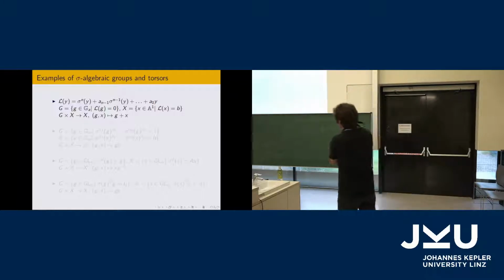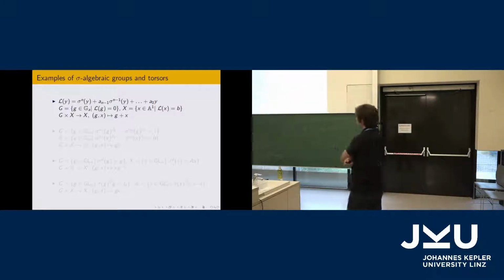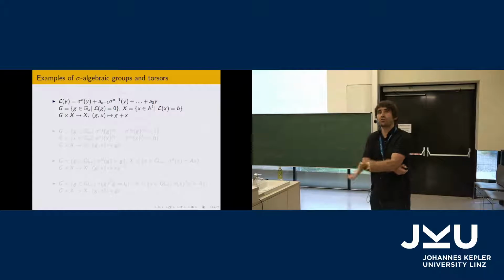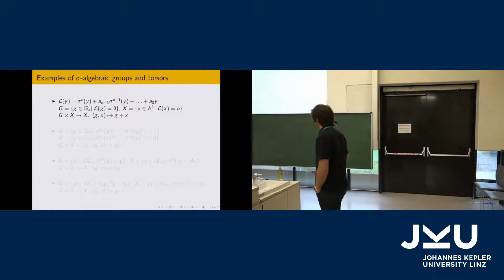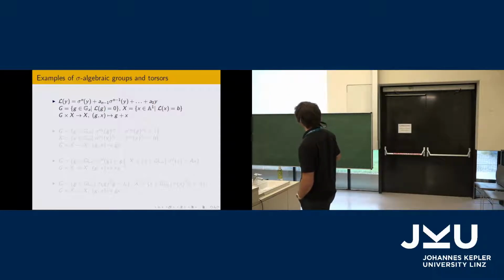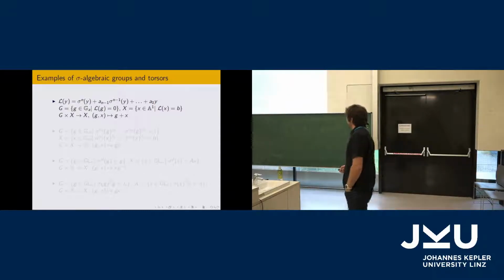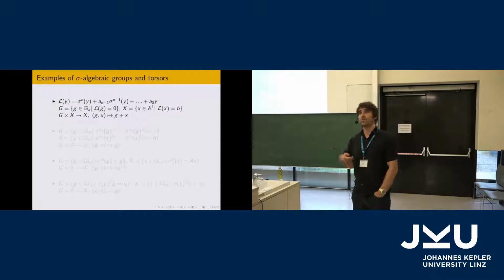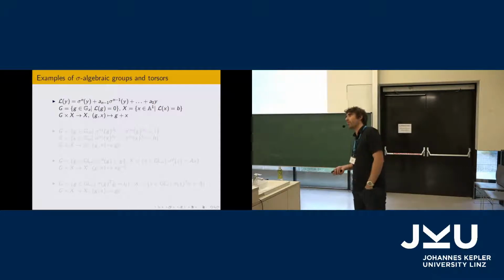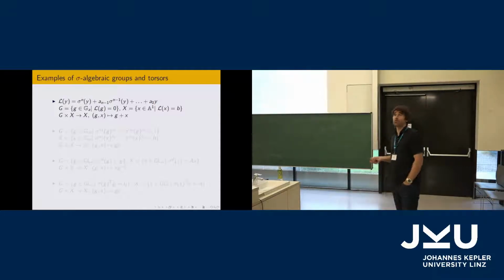Indeed, here one can actually show that every torsor for this group is isomorphic to such a torsor, and you can show this using H1. In general, for most examples it's easy to come up with some torsors, but the difficult part is to show that you've actually found all torsors.